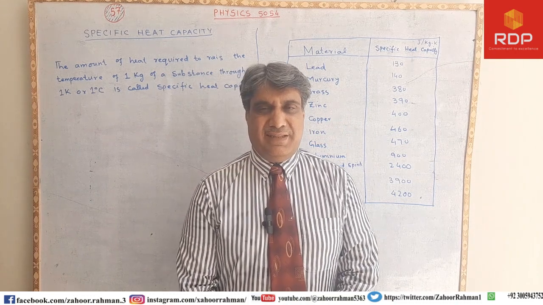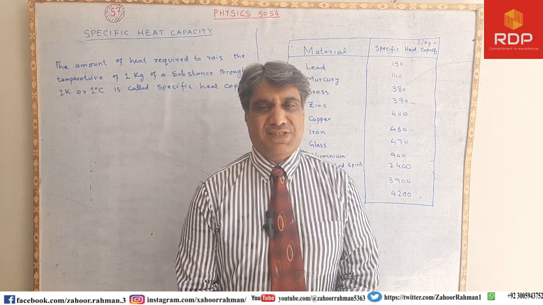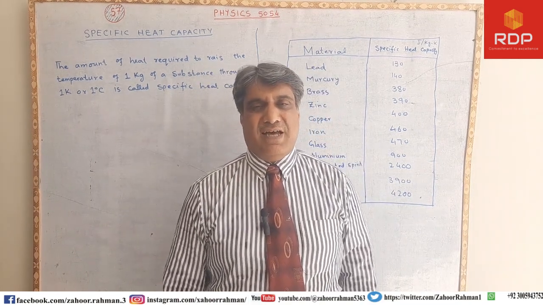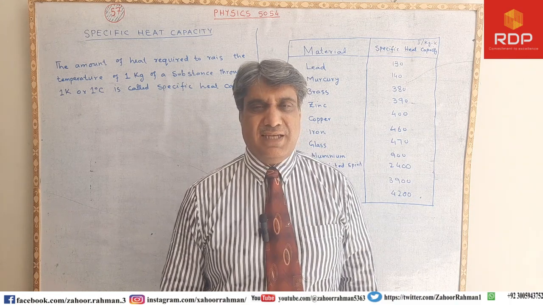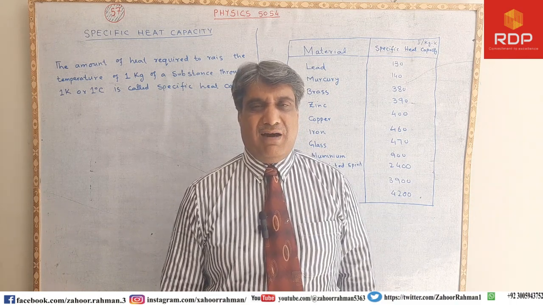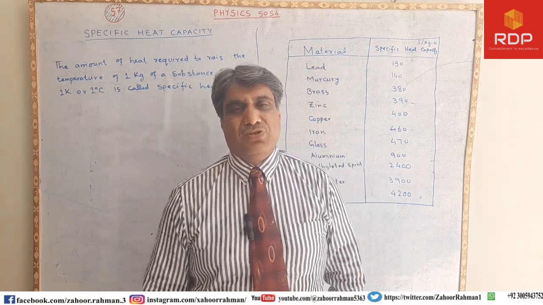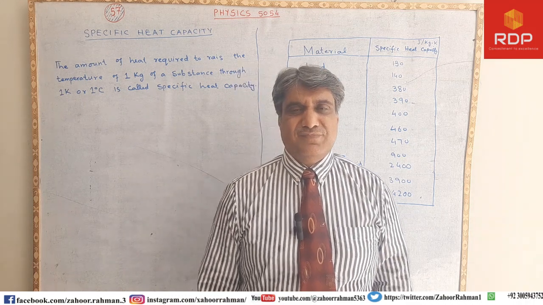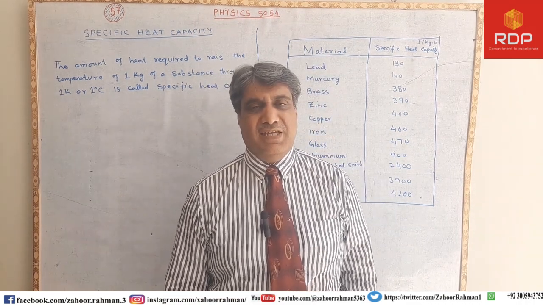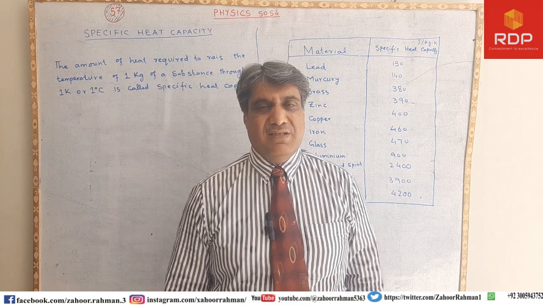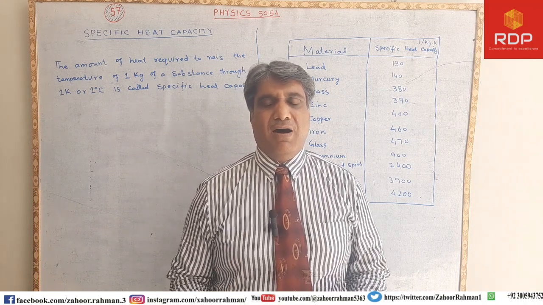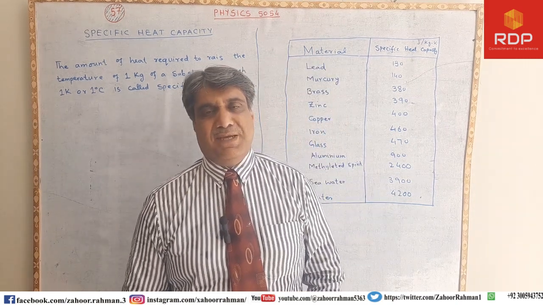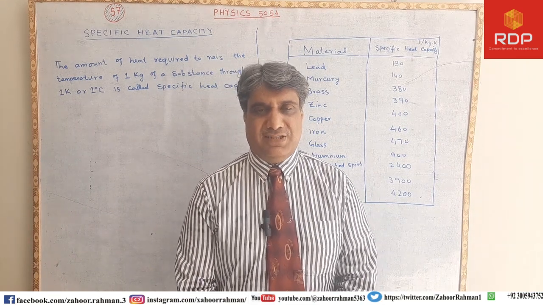Ladies and gentlemen, in the last lecture we saw that heat capacity depends upon the mass as well as the material of the object. So it is more convenient to define heat capacity in terms of per unit mass, or the specific heat capacity of objects.